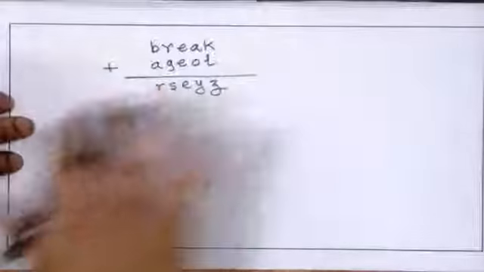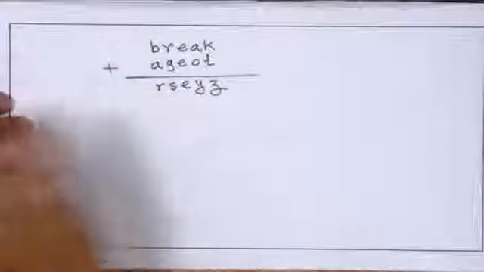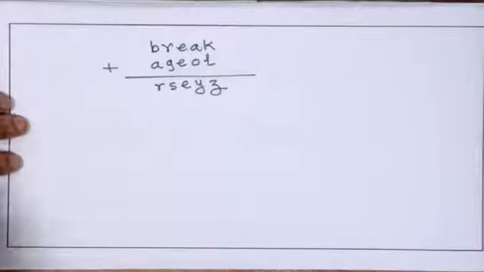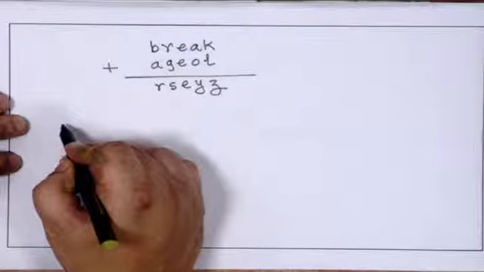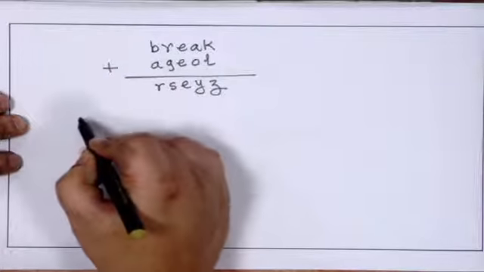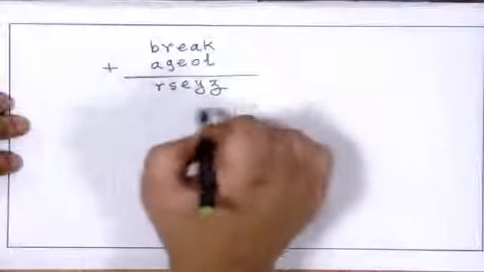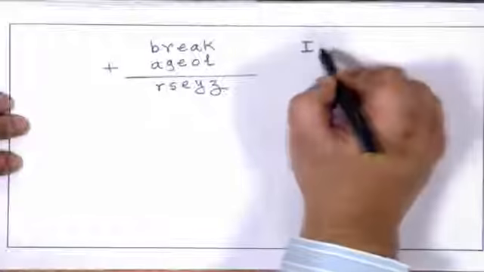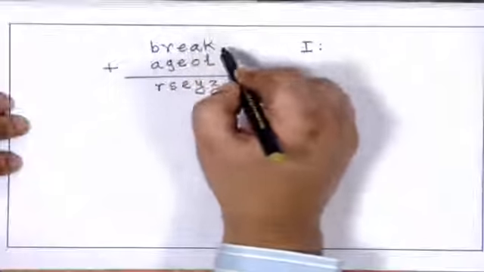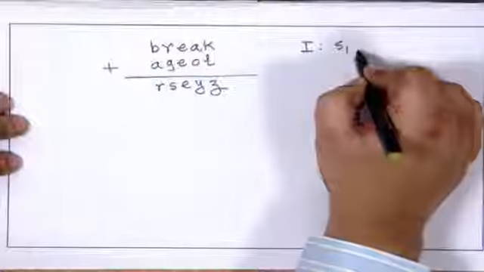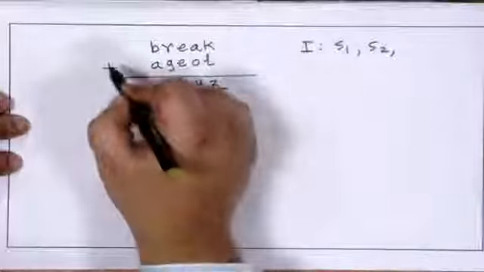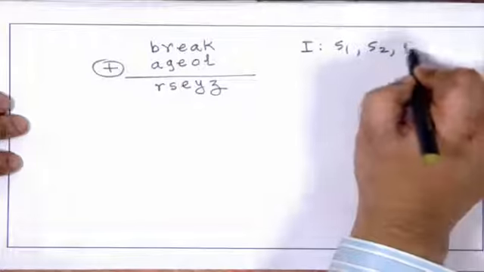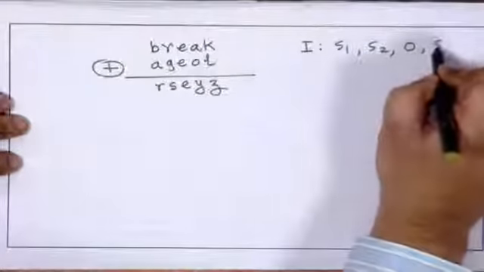So, we can specify this problem, and the specification would say that we first need to specify the input. The input is one string S1, one string S2, the operator O, and the output string S3.